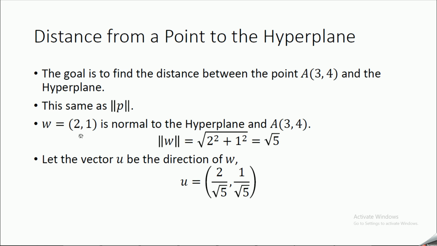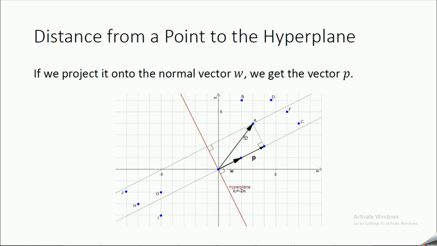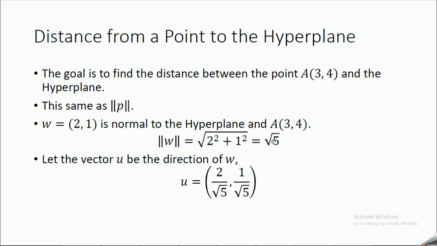So we know W, which is (2, 1), is normal to the hyperplane. So how do we find out the absolute value of W? It is nothing but the square root of the summation of x square plus y square. So it is 2 square plus 1 square, which is equal to square root of 5.